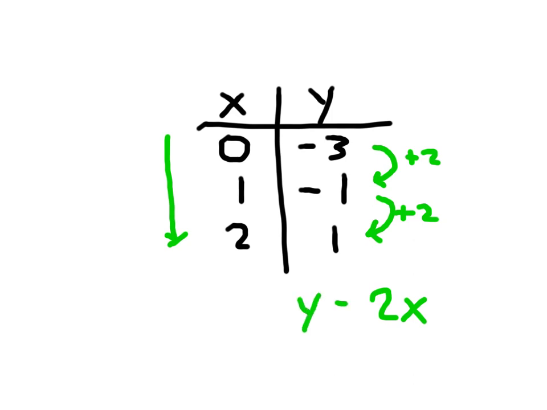Finally, if we say y equals 2x, y equals 2 times 0 would be 0. How do I get to negative 3 from there? Looks like I would just go ahead and subtract 3. Let's try that. 2 times 1 is 2, minus 3 is negative 1. 2 times 2 is 4, minus 3 is 1. Here's my equation, y equals 2x minus 3.